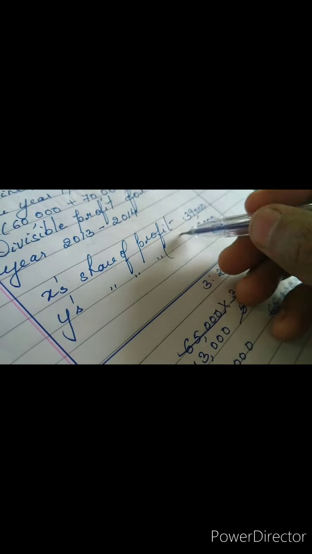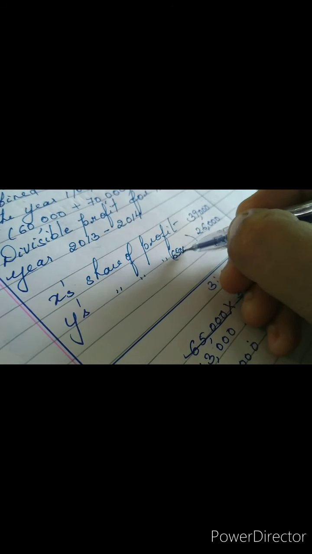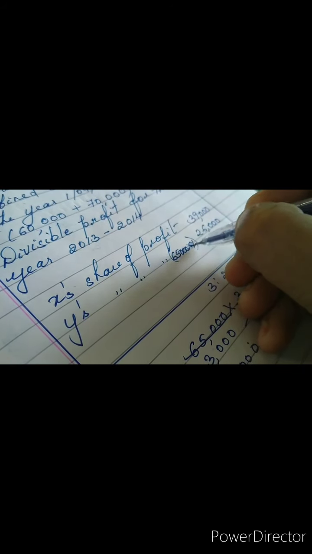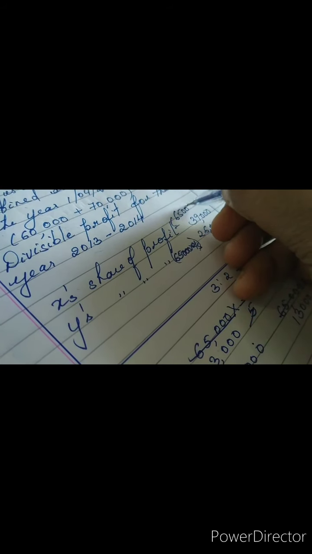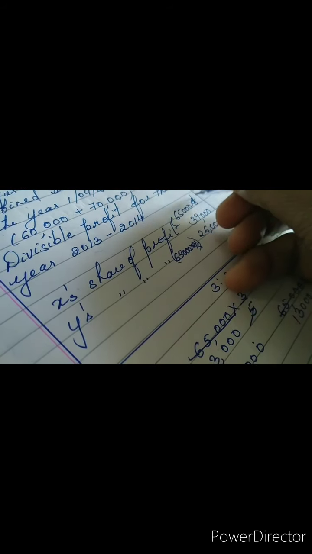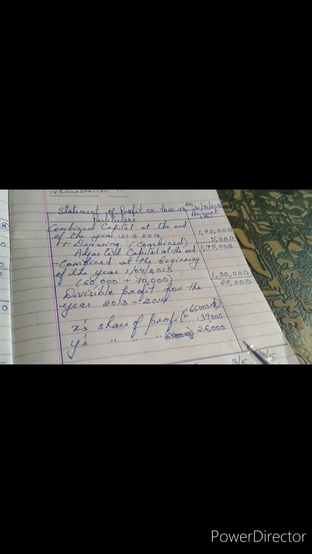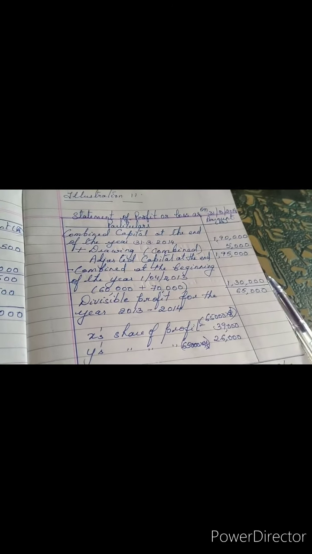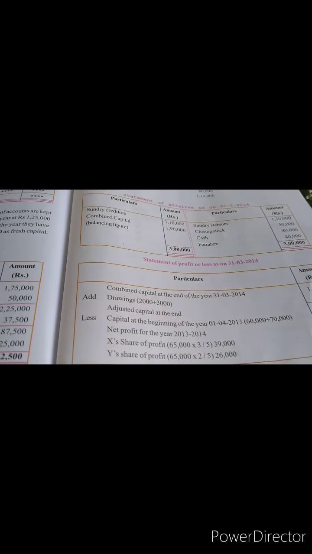And these calculations you can show in the bracket itself, like how you will write 65,000 into 2 by 5, likewise 65,000 into 3 by 5. It will give a clear picture of how these figures of 39,000 and 26,000 have arrived. So this is how the statement of profit and loss has to be prepared in case the single entry system is maintained by partnership accounts.